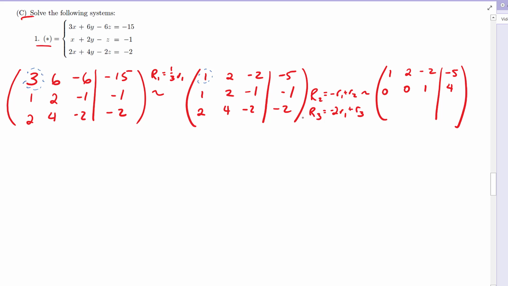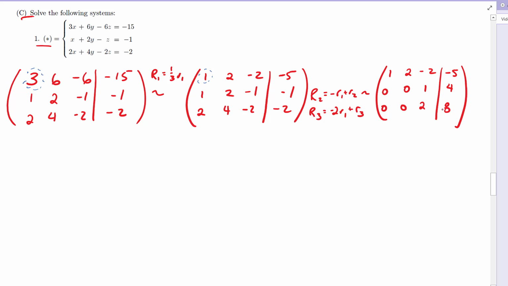And for row 3, we multiply our pivot row by negative 2 and add down, that gives us 0, 0, positive 2. And when we multiply negative 5 by negative 2, that's positive 10, added to negative 2 gives us a positive 8.